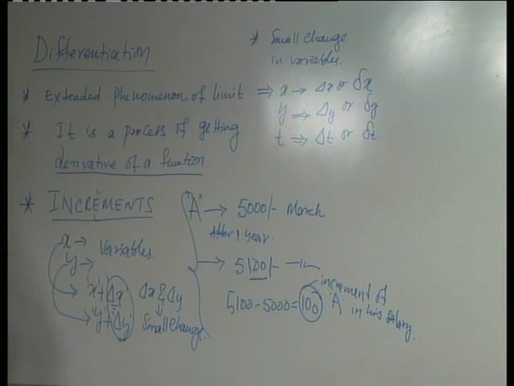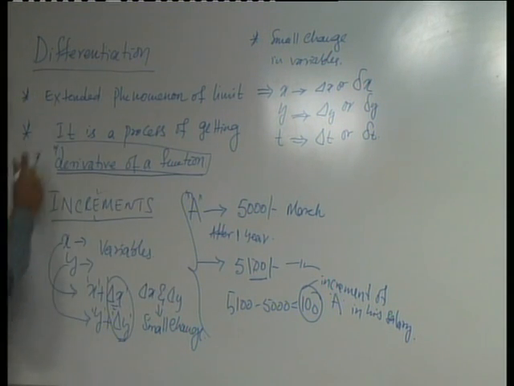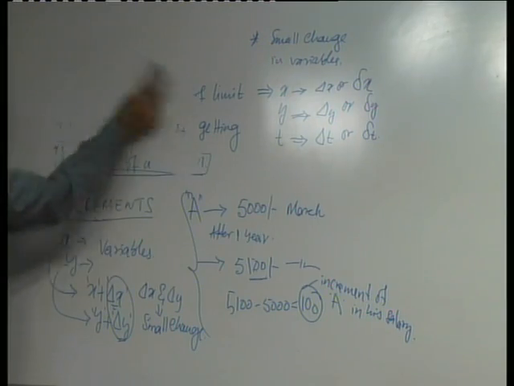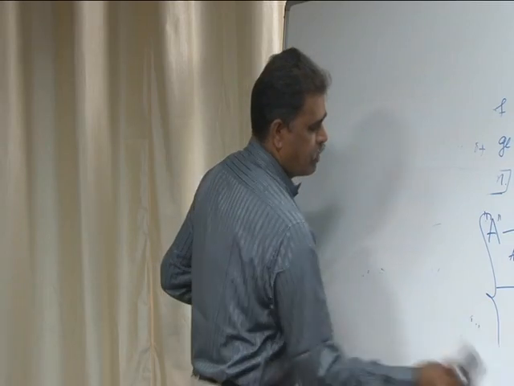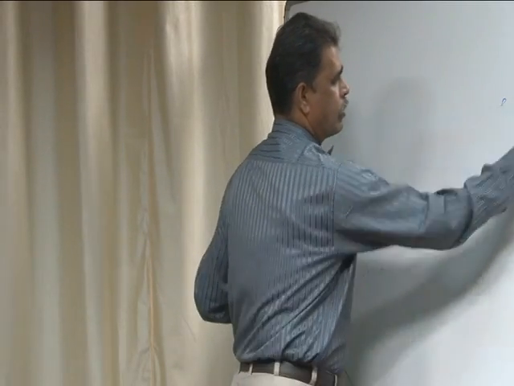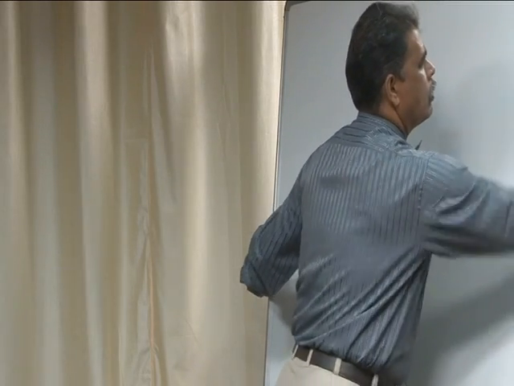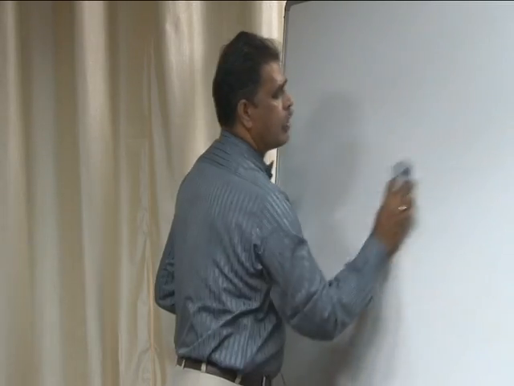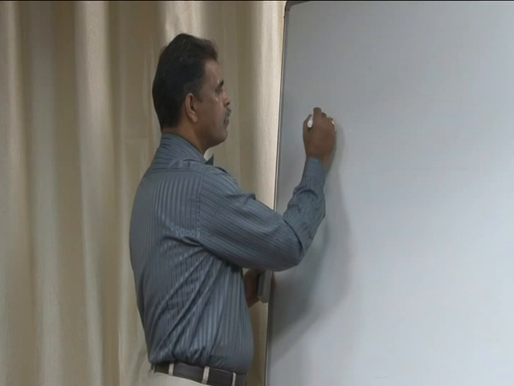Now, let us see what is the derivative of a function, or it can also be called as differential coefficient of a given function. I mentioned that differentiation is a process of getting derivative of a function.